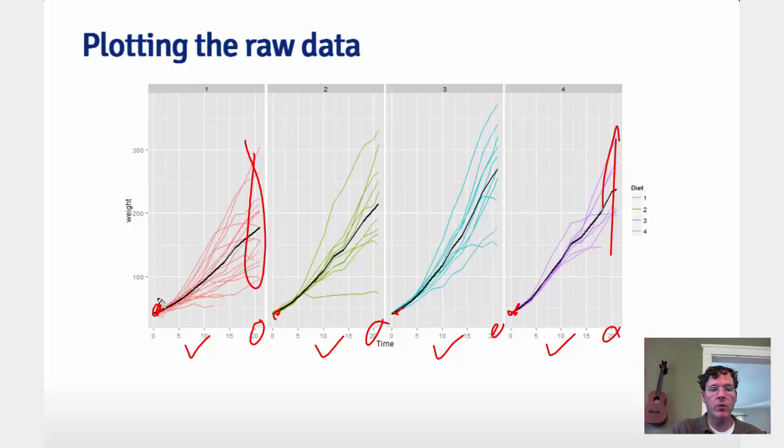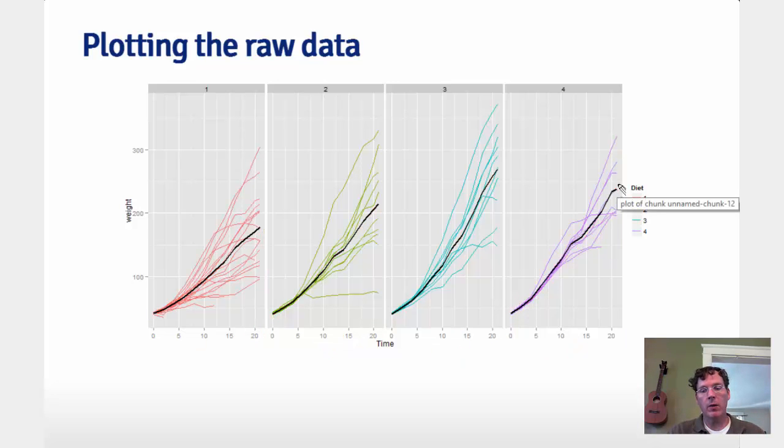I put a reference line here that is the mean for each of the groups. And without any formal statistical test, it does appear that the average weight gain for the first diet is a little bit slower than the average weight gain for the fourth diet.